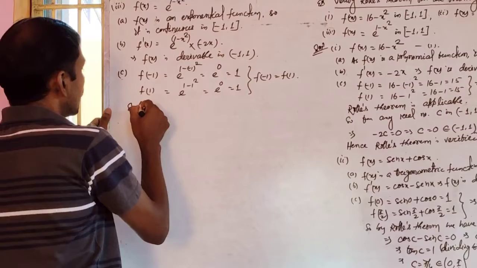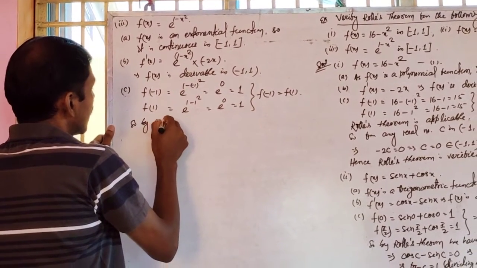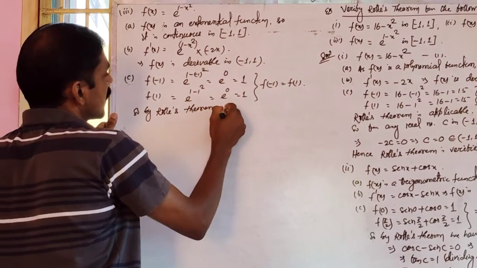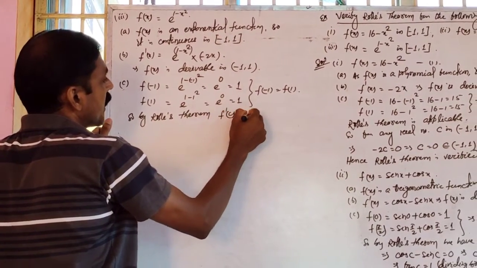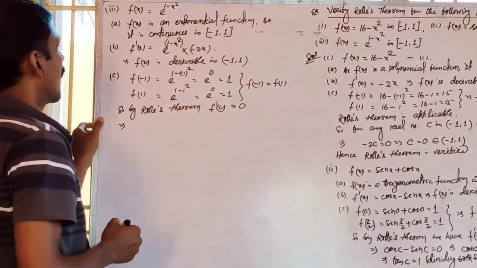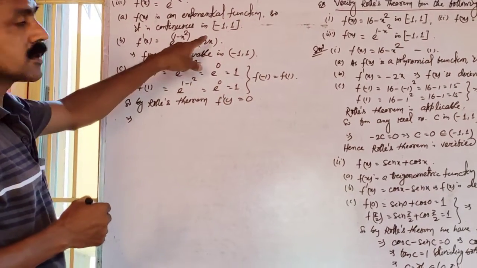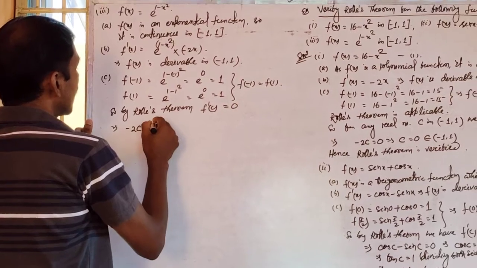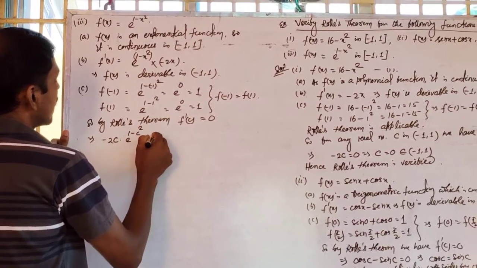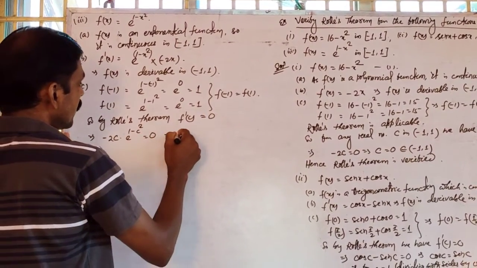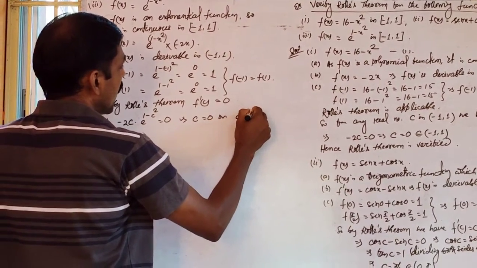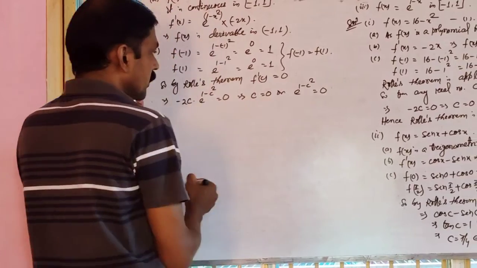So by Rolle's theorem, f dash of c equal to 0. Now f dash of x is minus 2x into e to the power 1 minus x square. So here you can write minus 2c into e to the power 1 minus c square equal to 0, which implies either c equal to 0 or e to the power 1 minus c square equal to 0.